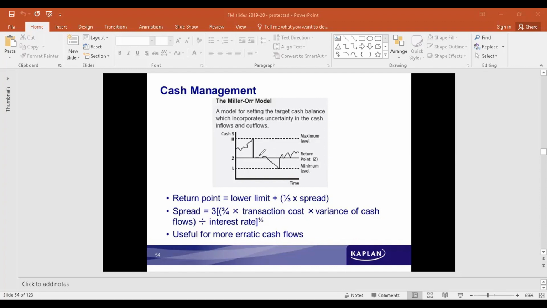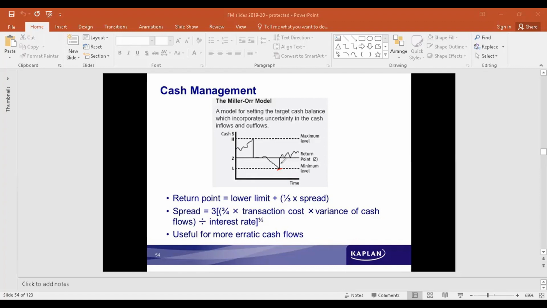So when the cash is flowing out and the cash balances are falling down to the least point, which is the minimum level, at this minimum point, since they already have certain investments made into current assets or some other asset form, it would be liquidated, converted from that asset form to cash, and then again the cash balance rises to the return point.